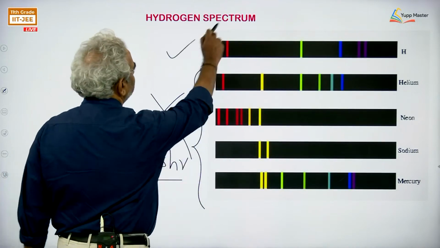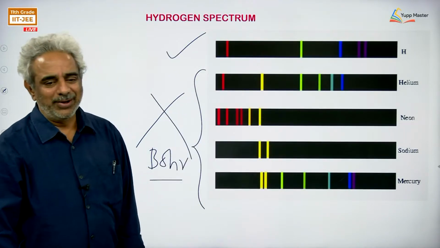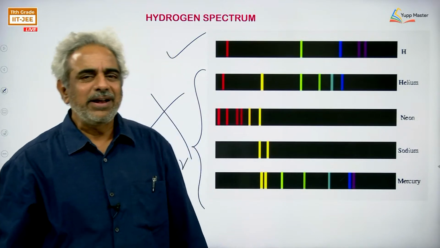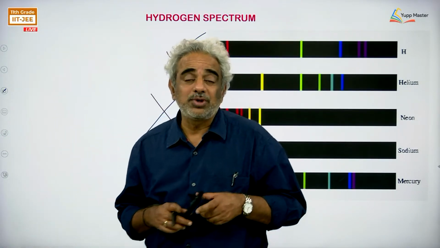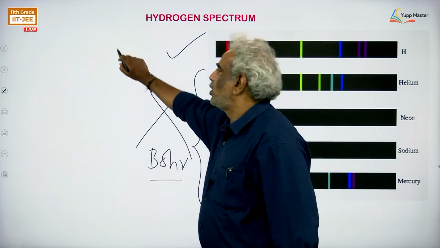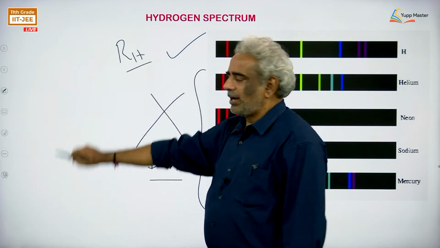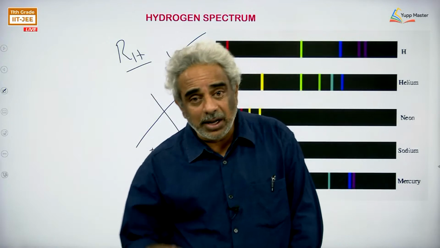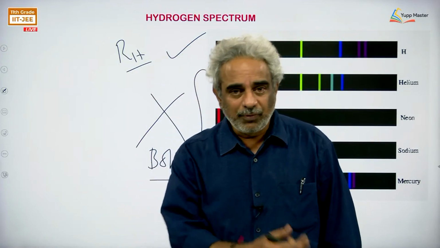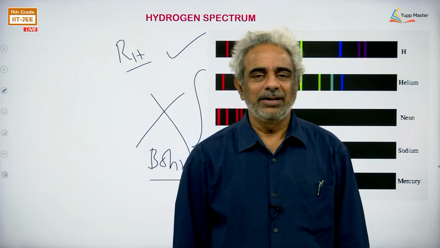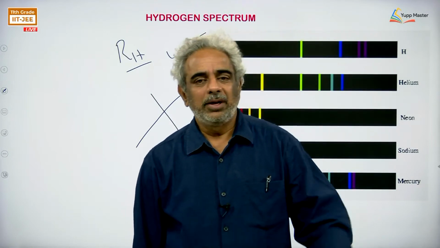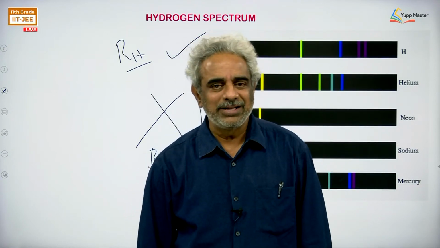Bohr could explain only the hydrogen spectrum. It is an advantage and you can tell the disadvantage also. What is the advantage of Bohr's model? We could verify the value of RH. The Rydberg constant was proposed by Rydberg before Bohr's model came. To calculate the spectral lines in the hydrogen atom, he fitted the data and got RH.